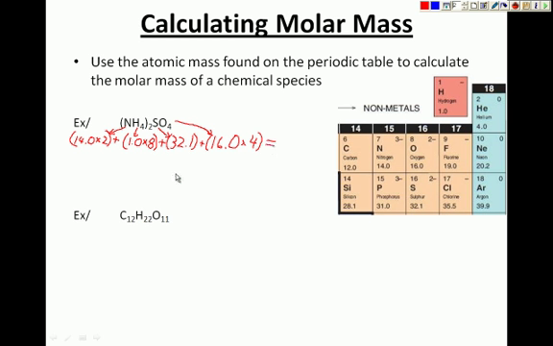Okay, and once we do that, we add all of these up, and we should get a number like 132.1 grams per mole. Now, remember that the 4, 2, and the 4 are exact numbers.